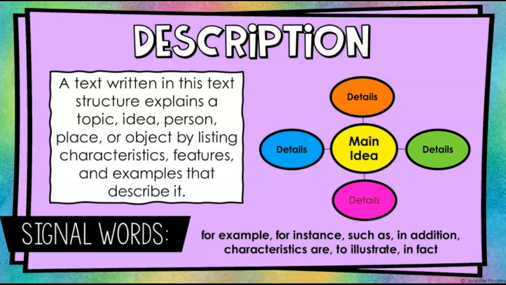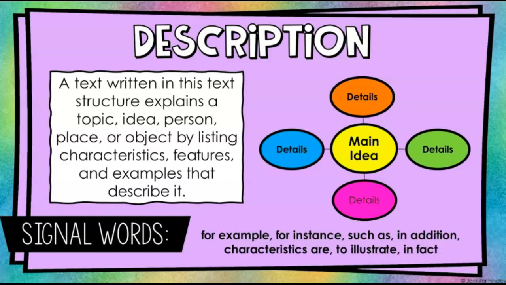A text written in the description text structure explains a topic, idea, person, place, or object by listing characteristics, features, and examples that describe it. So you'll have one main idea, and then you'll have a bunch of details about that main idea, describing it. That's what a description text structure is.